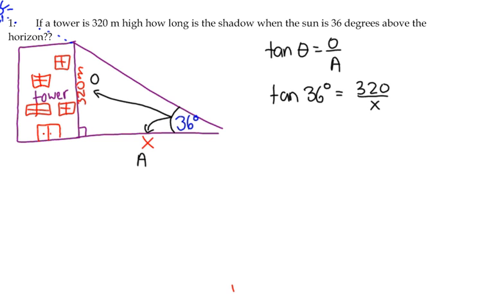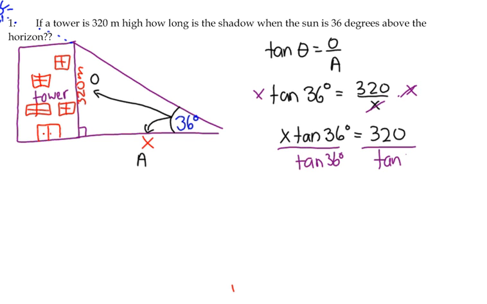Multiply both sides by x to get it off the denominator. So now I have x times tan 36 equals 320. Now what? Divide both sides by tan 36. So x equals 320 divided by tan 36.